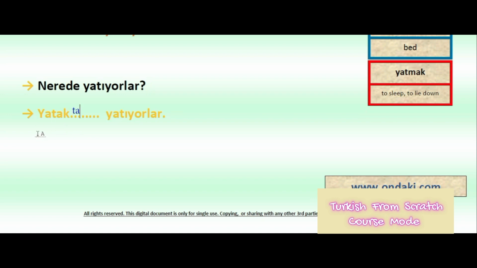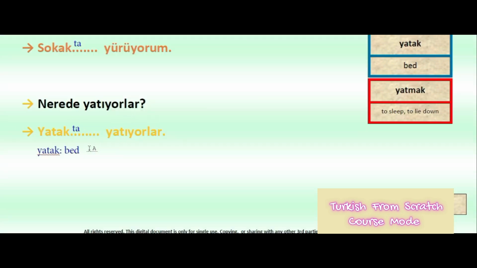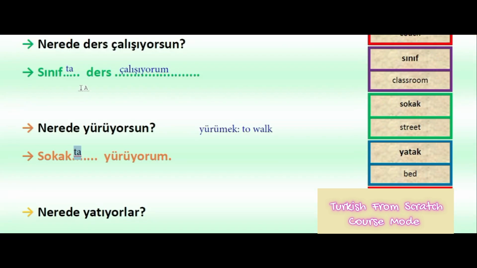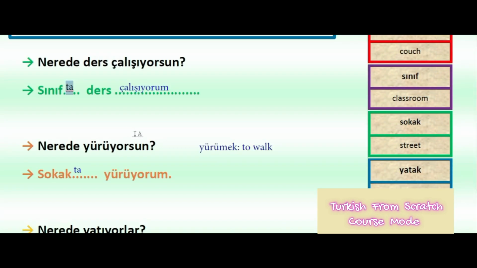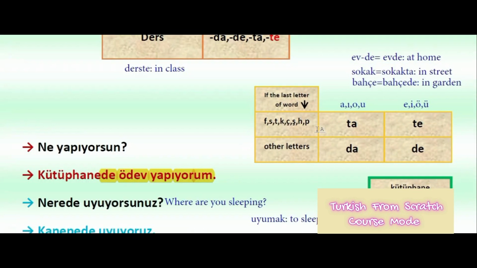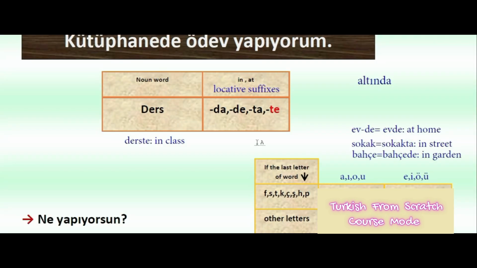Yatak is bed. I wrote it here on this list. So we can use it in this way: yatakta, on the bed; sokakta, in the street; sınıfta, in the classroom. We followed the rules we talked about here, so we can use the locative suffixes in this way.